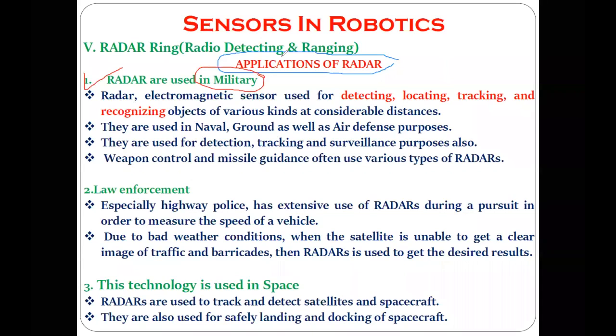So searching something, tracking, and giving directions. Tracking whom? Searching whom? Detecting whom? If some vehicles are coming or crossing the border from another country, that can be detected with the help of radars in case of army border protection.